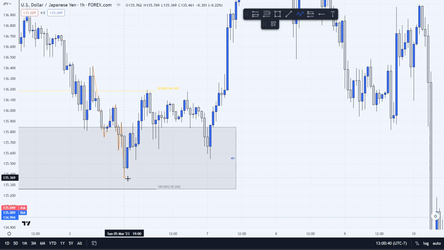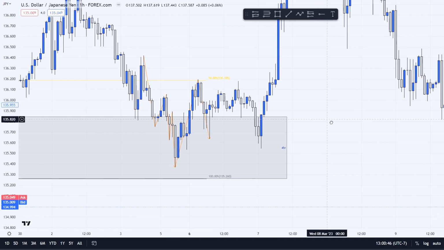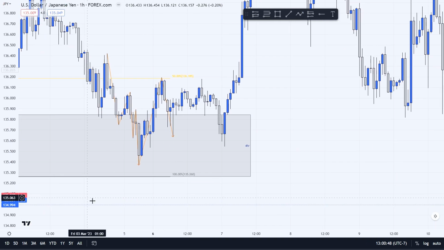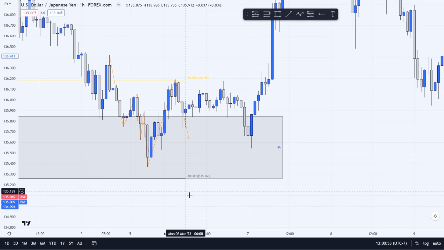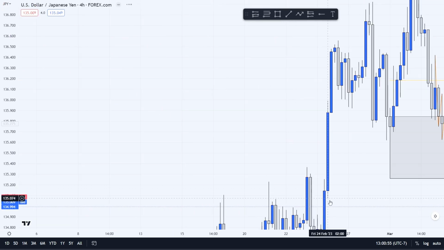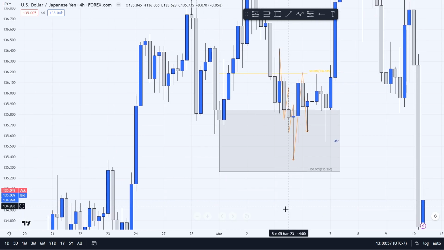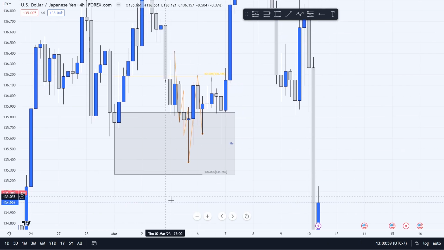So you can see price broke structure right here, pulled back into my zone. So the zone that I use, well, the zone that I should have used, let me double check. I start off on the 4 hour to check for a supply demand zone, and then I work my way down to the hour.